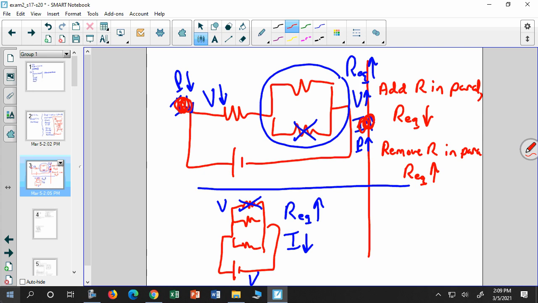Yeah, Megan. So is the current not affected by the other resistor, like in the first part? Okay, so really, if I take this resistor away, that means that the overall equivalent resistance of the entire circuit is going to go up. And if the overall resistance goes up, that means that this current will decrease. Because if I take away one of those resistors, I'm just left with 2 resistors in series.